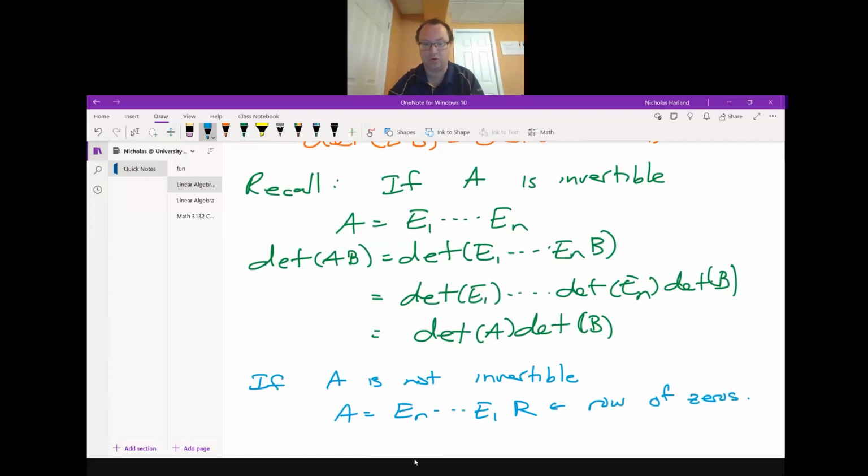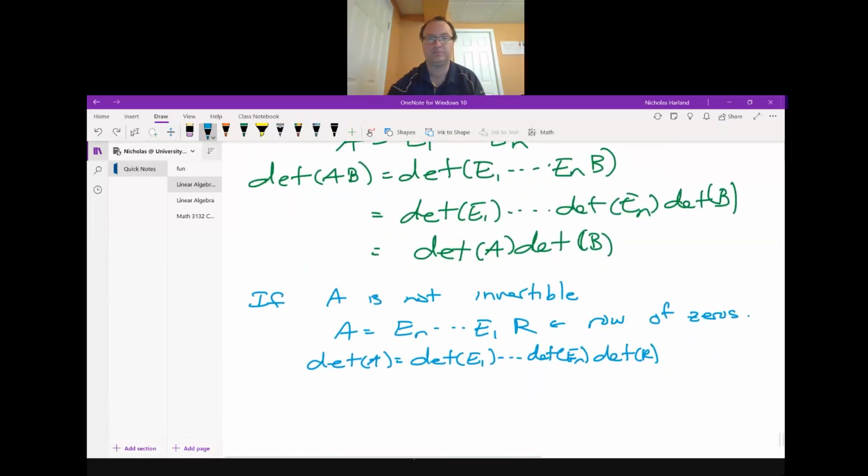And thus the same rule would say that the determinant of A is equal to all of these determinants, but R has a row of zeros. Again, feel free to pause the video to remind yourself, what is the determinant of R? Well, that would just be 0.